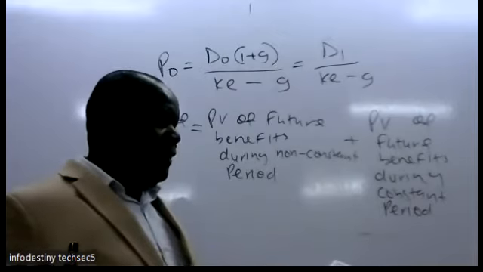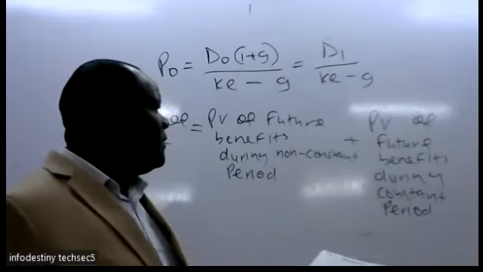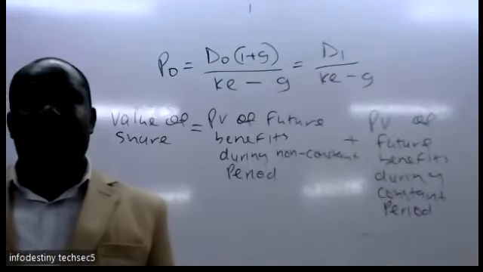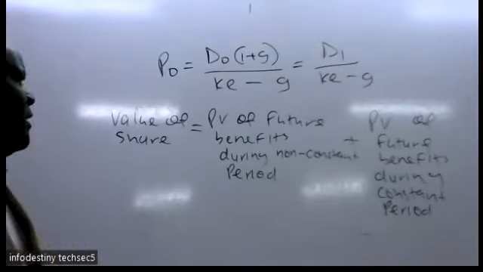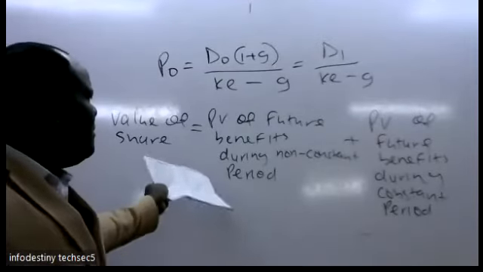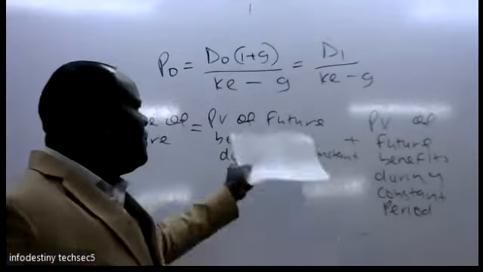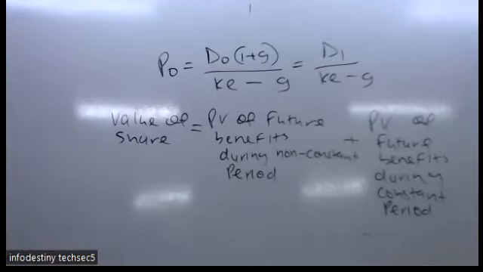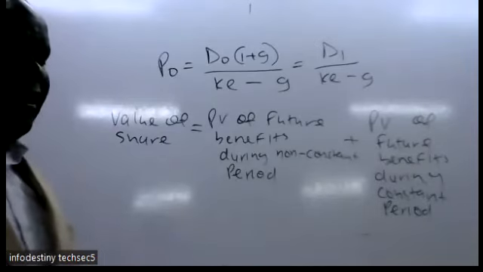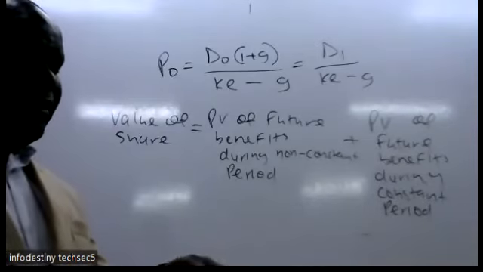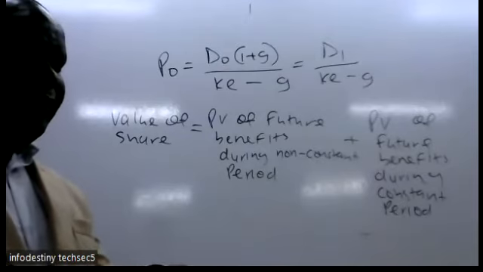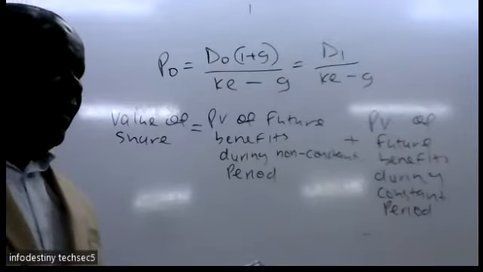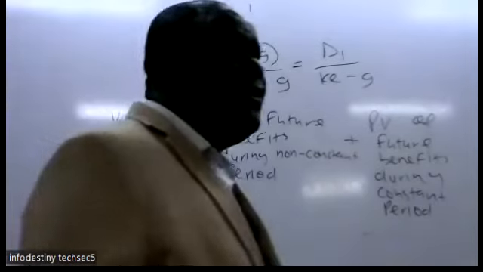But thereafter, it just remains. So that's now during the constant period. To get the value of that share, we shall be getting the present value of the future benefits during the non-constant period. Then we also add the present value for the future benefits during the constant period. So one challenge is that note number 1: thereafter annual growth rate will revert to the company's growth rate and remain constant each year to perpetuity.